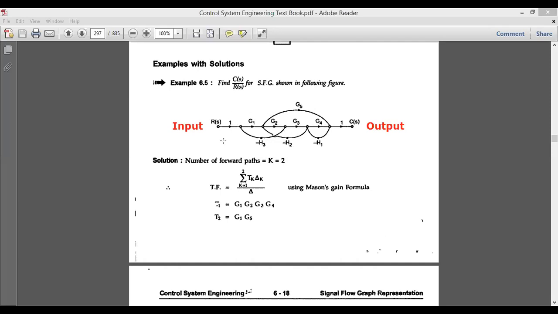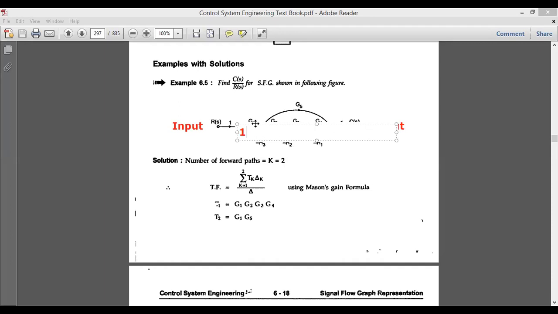Sometimes it becomes a bit difficult to analyze the signal flow graph if you do not represent the node numbers. So let us represent the node numbers here. We start at this particular point. R of S is already the input to this node, so we will not take it.